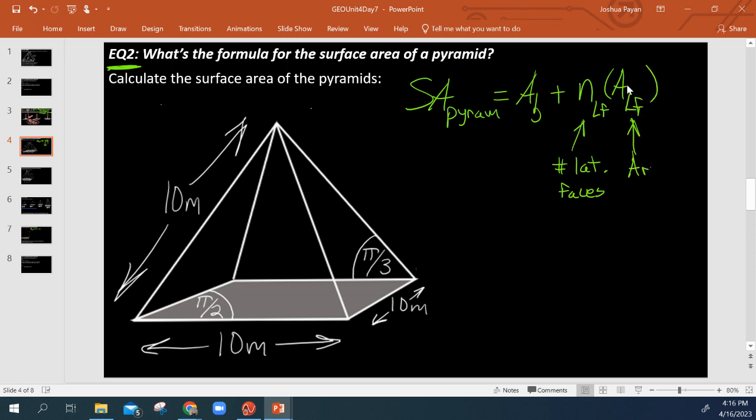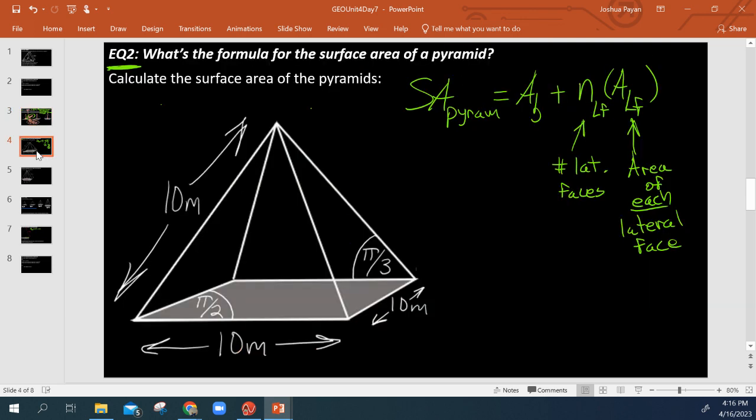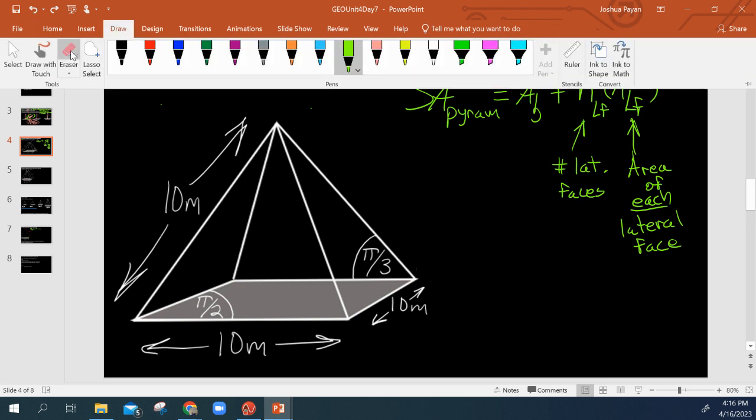That's the area of each, that's important, each lateral face. Because we're limiting ourselves in this class to regular pyramids, this is really simple. That's the reason we can do that right there.